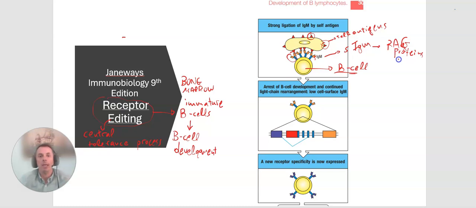But in this case, where we've got an autoreactive receptor, the encounter with the self-antigens results in what you see here, bringing the B cell receptors together as they bind to the self-antigens, and this is called cross-linking.